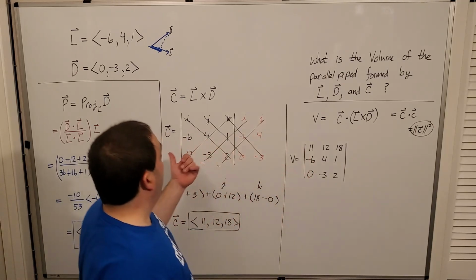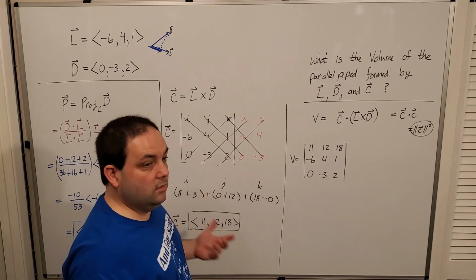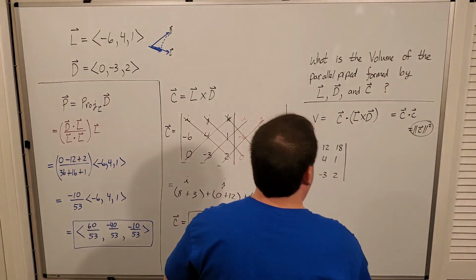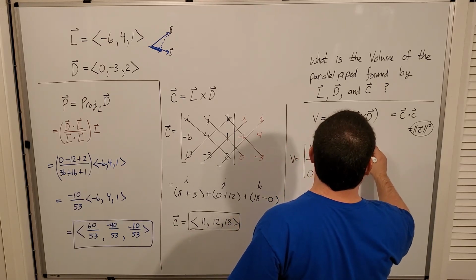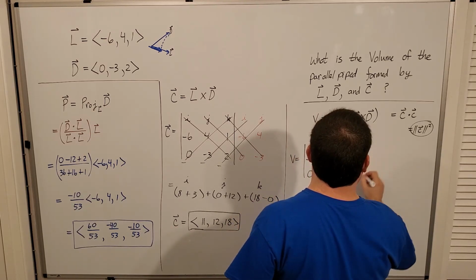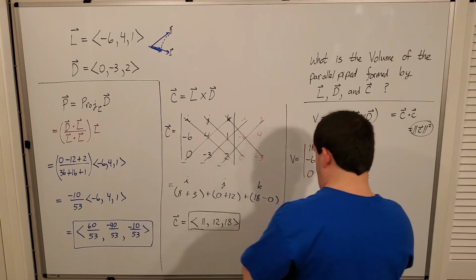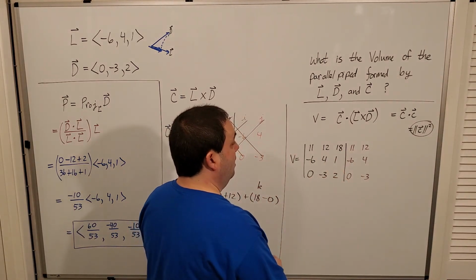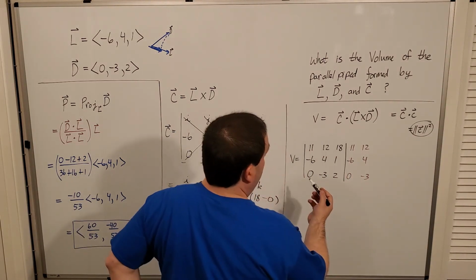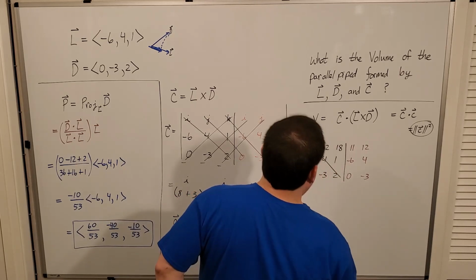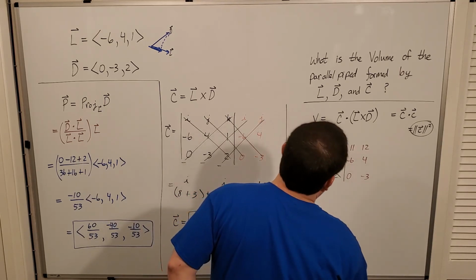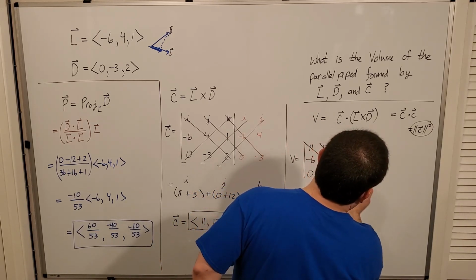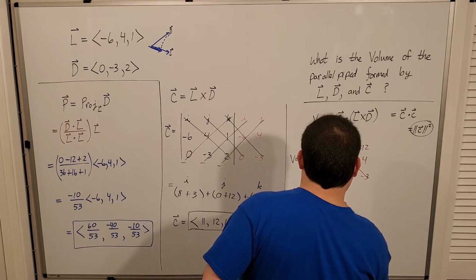Of course, from here what I have is just another determinant, so I'll be performing it the same way. I'm going to take those first two columns and rewrite them: 11, 12, -6, 4, 0, and -3. Except there's no vector part of it this time. It's just the multiplication here. So I have 11 times 8, 0, and then 18 times 18. I'll just do this quick.